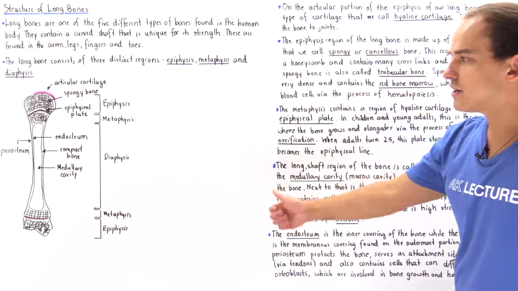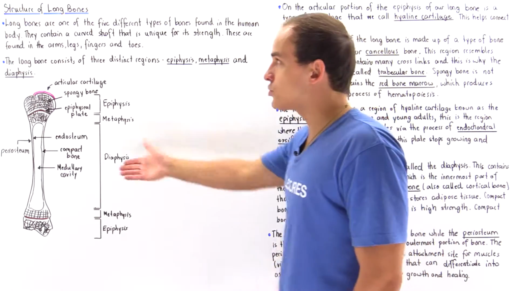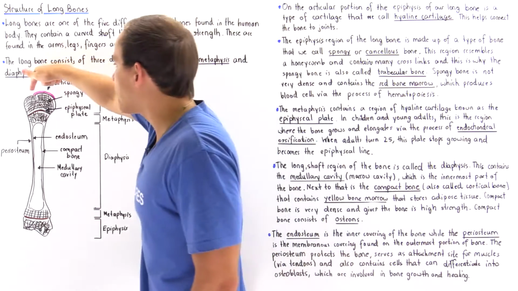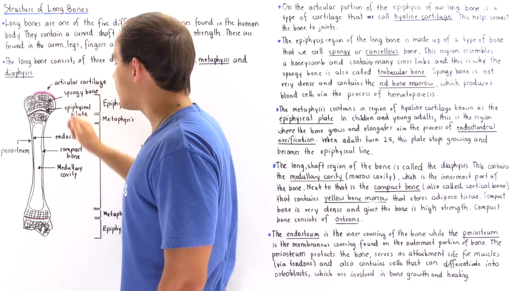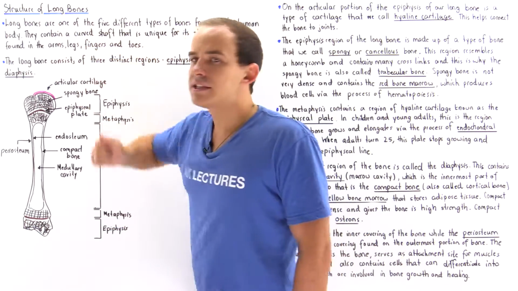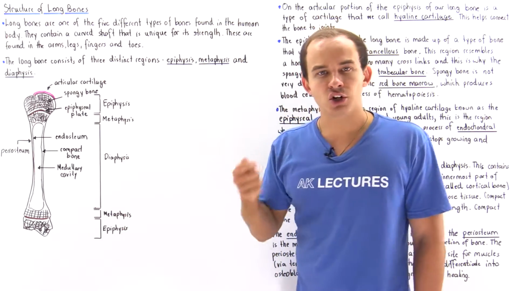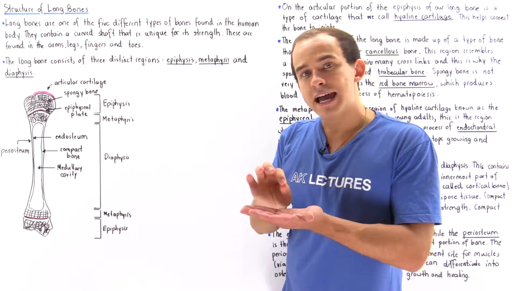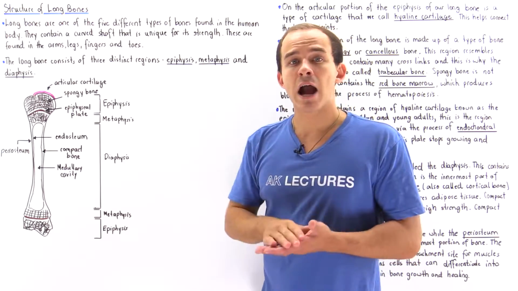So let's discuss the individual components of the structure of our long bones. And let's begin with this purple section found on this side as well as on this side, which is not shown. So this is known as our articular cartilage. Articular simply means that's the connecting point between the bone and our joint.